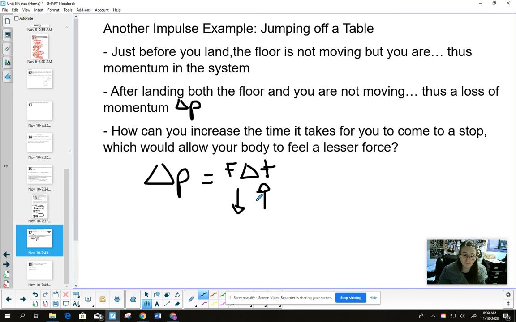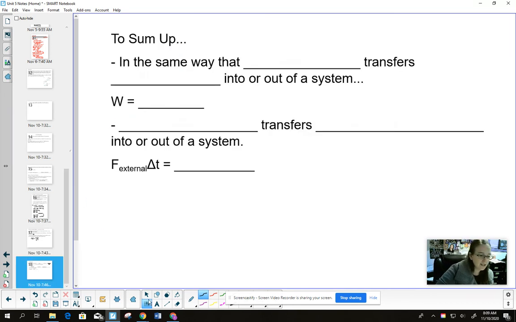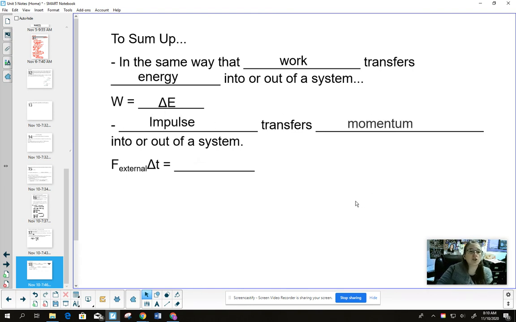So that's what impulse means. To cause a change in momentum, this is what we have. Force times change in time. So to sum up one last thing, in the same way that work transfers energy into or out of a system, if you remember, work equals the change in energy, impulse transfers momentum into or out of a system. So these are separate things.